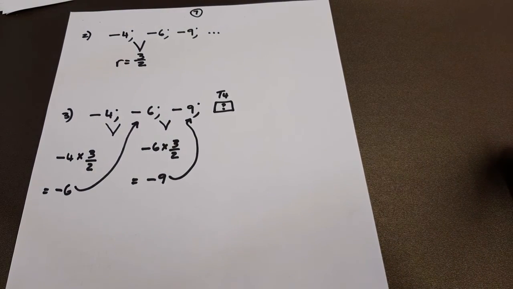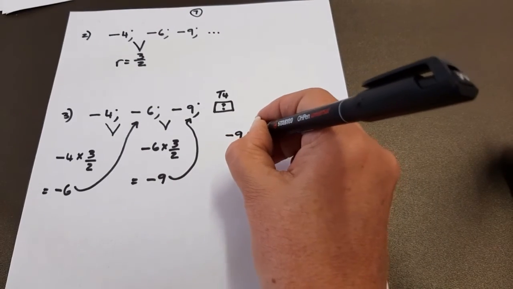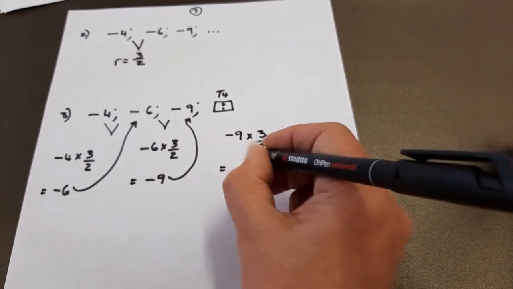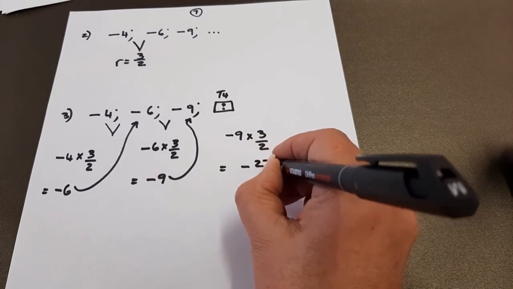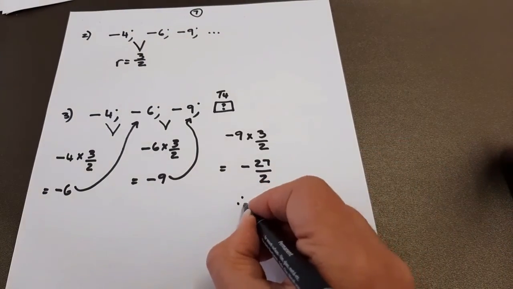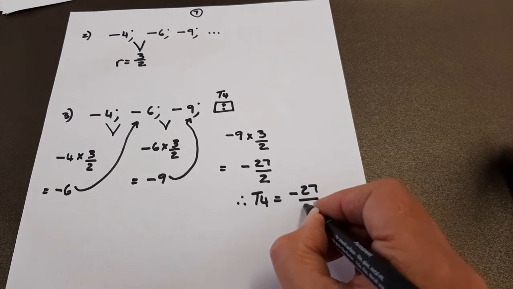So, to get the fourth term, we have to take minus 9 times the ratio, and then you get minus 27 over 2. So, term 4 will be minus 27 over 2.